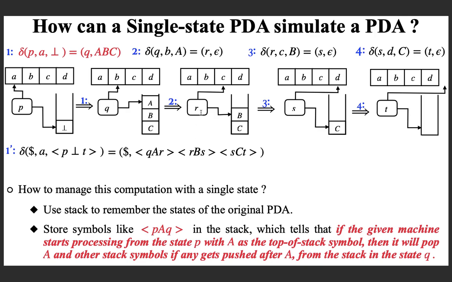Now here you are starting in R. The question is, when will you take out B? You are taking out B in S, and that is what you are getting, S here. So here you are getting S as the state, C is on the top of stack. The question is, when will you take out C and in what state? It is in T you are taking out C. And note that here in the RHS of the production there are three symbols.